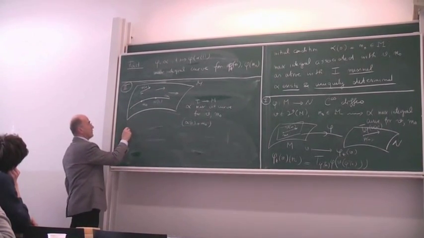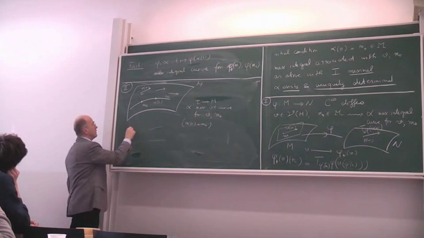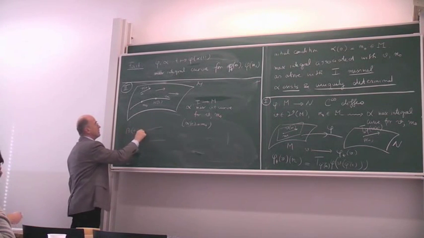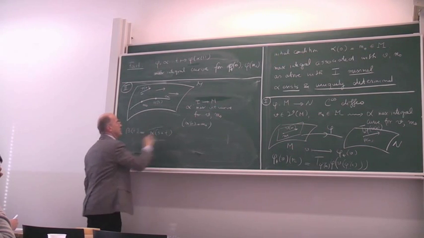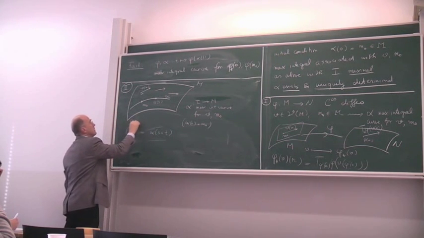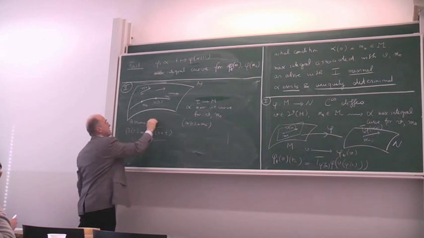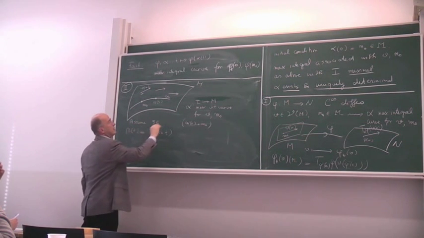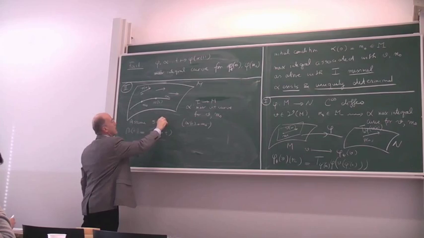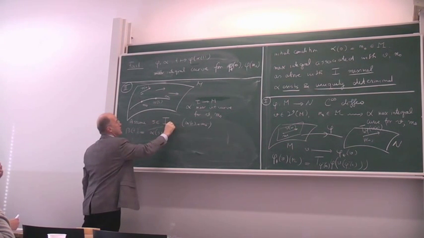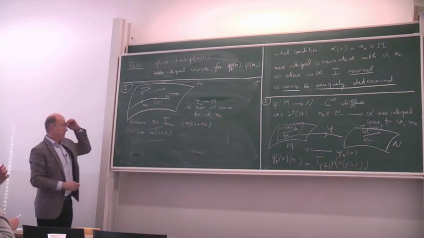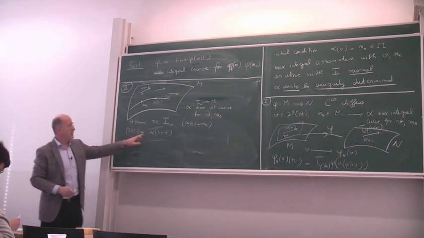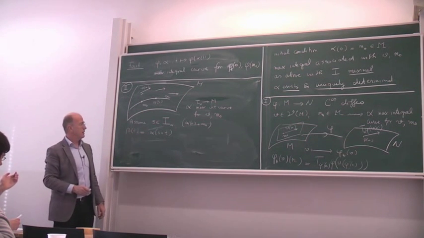So let's write down beta. Beta of t is given by alpha of S plus t. So assume that S is an element of the interval of definition of alpha, so let's write I sub alpha. Define beta of t to be alpha of S plus t.